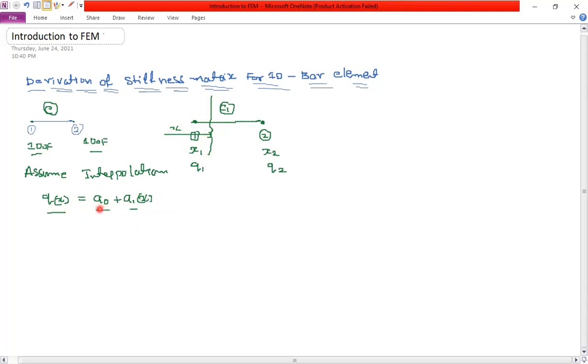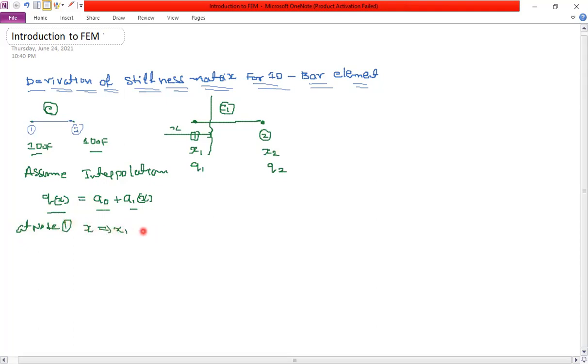Let us try to find the constant values in terms of the nodal parameters. So q of x equals a naught plus a1 x is called the assumed interpolation function.